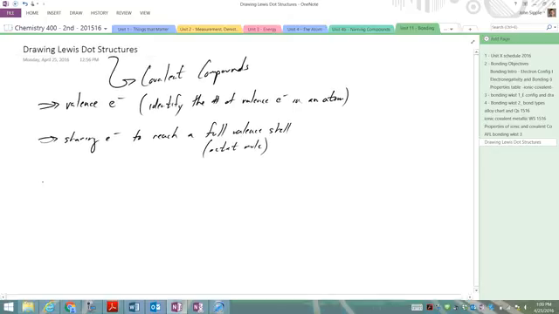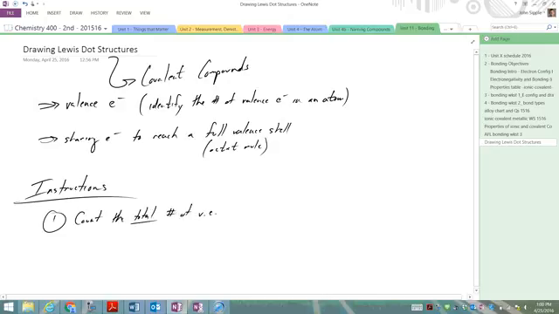So here are the steps or the instructions on how to draw these. Okay. Step number 1. We need to count the total number of valence electrons in the molecule.